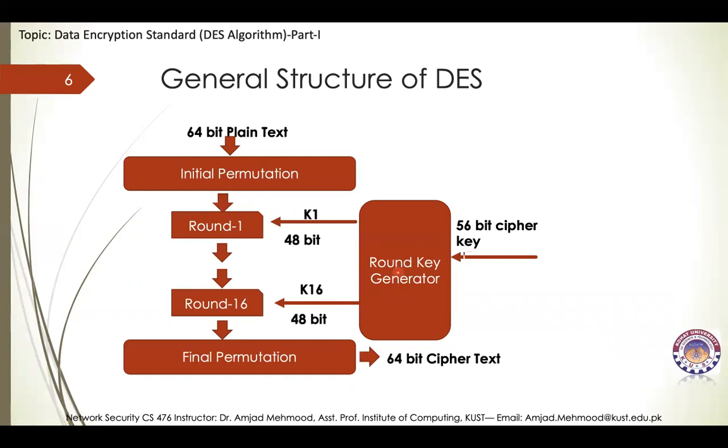When it passes through the round key generator, it produces 16 sub keys of size 48 bits each. These will be provided to each round, and then the final permutation is performed, and you will get the 64-bit ciphertext.